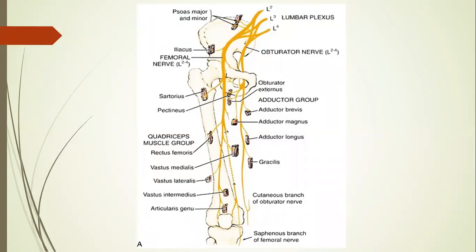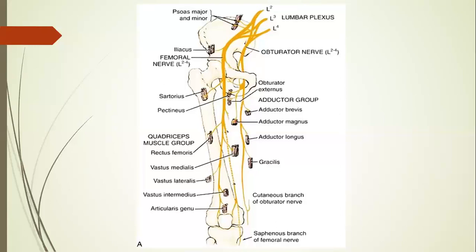It is very simple to explain: embryologically, the adductor muscles are modified or derived from the flexor musculature. Therefore, they are supplied by the anterior deviants.